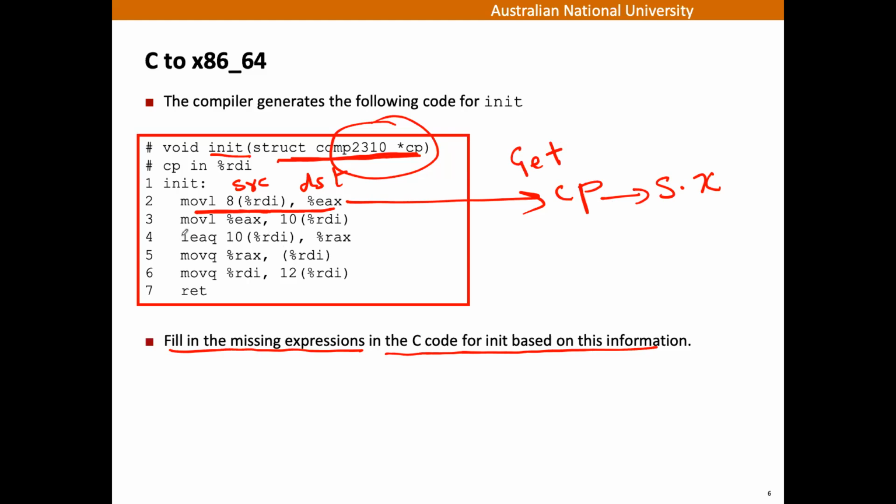What is the next statement doing? Moving the contents of EAX to what is at 10 RDI?